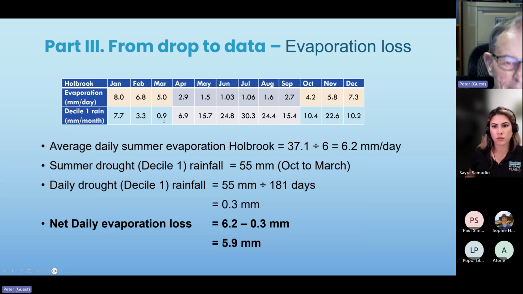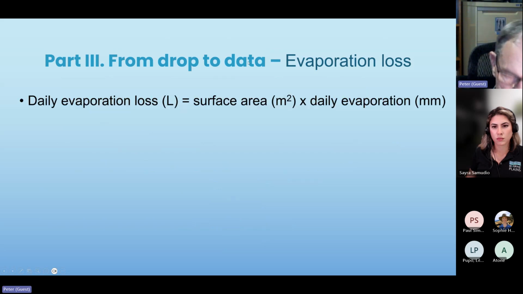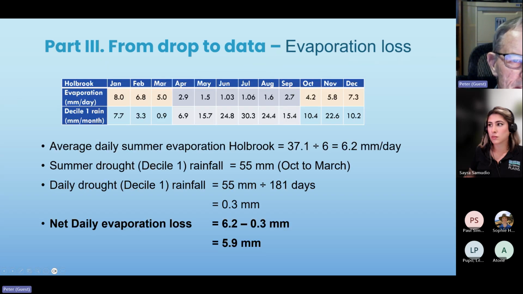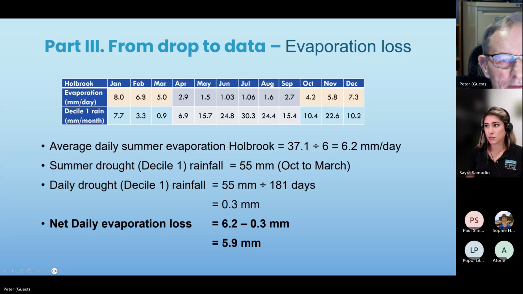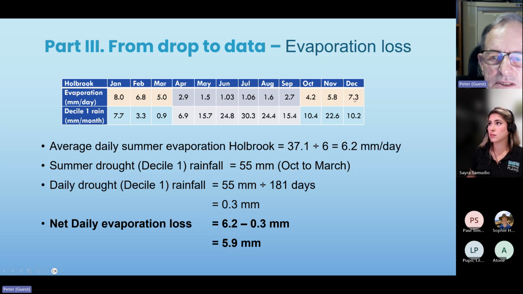So to get our average daily evaporation, I'm going to add these three here, January, February, March, and these three, October, November, December, because they're our summer months. Those add up to being 37.1 divided by 6, because it's 6 months, and we get 6.2 millimetres per day on average evaporation. For the rainfall we might get that would fall on the dam, we just add these 6, and that comes to 55 millimetres.